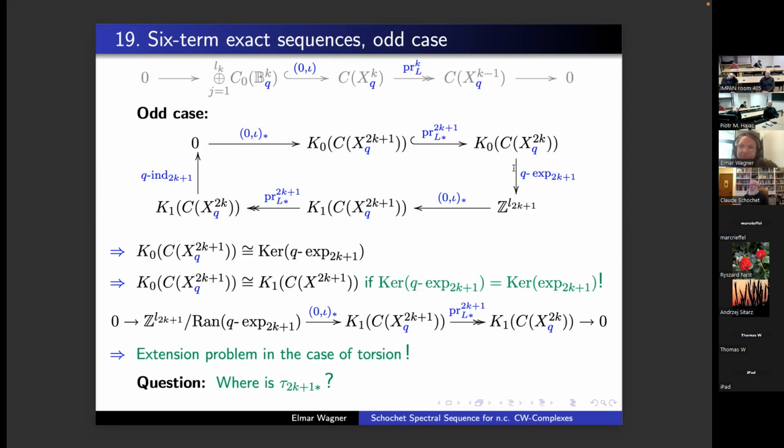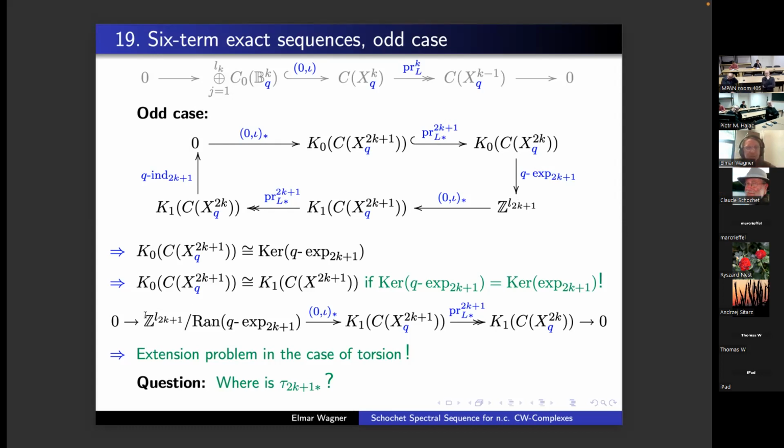So if the Q exponential map is the same as in the classical map, so the previous K groups are the same, I know that the kernel of this exponential map is the K0 of my newly constructed CW complex. So having the same maps guarantees me K0 is fine. It's the same classical quantum.